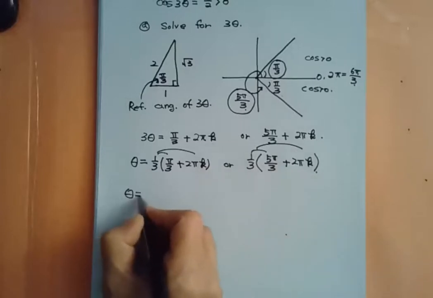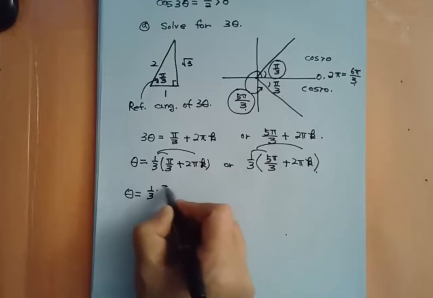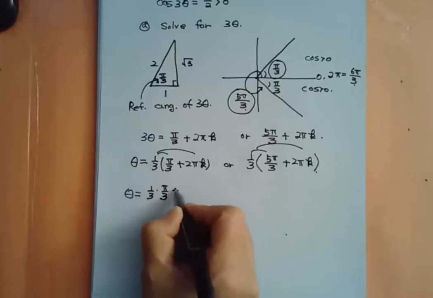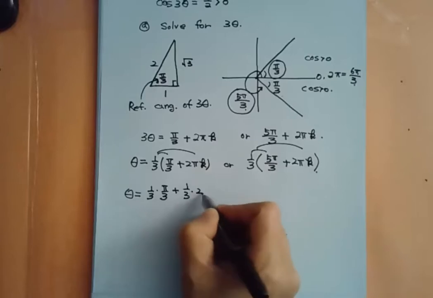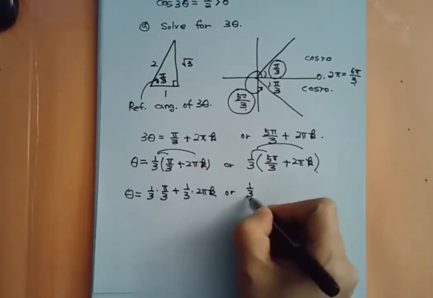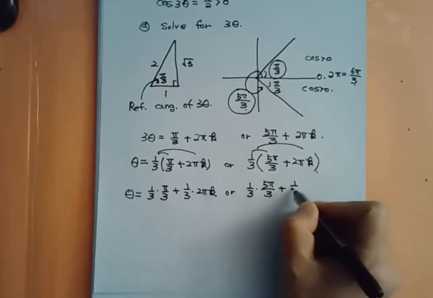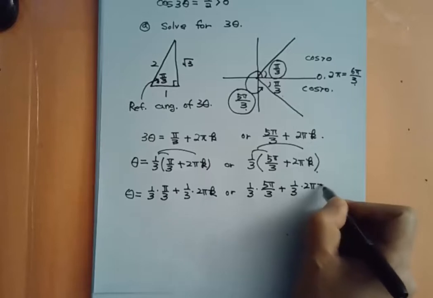So theta equals 1/3 times pi over 3 plus 1/3 times 2 pi k, or 1/3 times 5 pi over 3 plus 1/3 times 2 pi k.